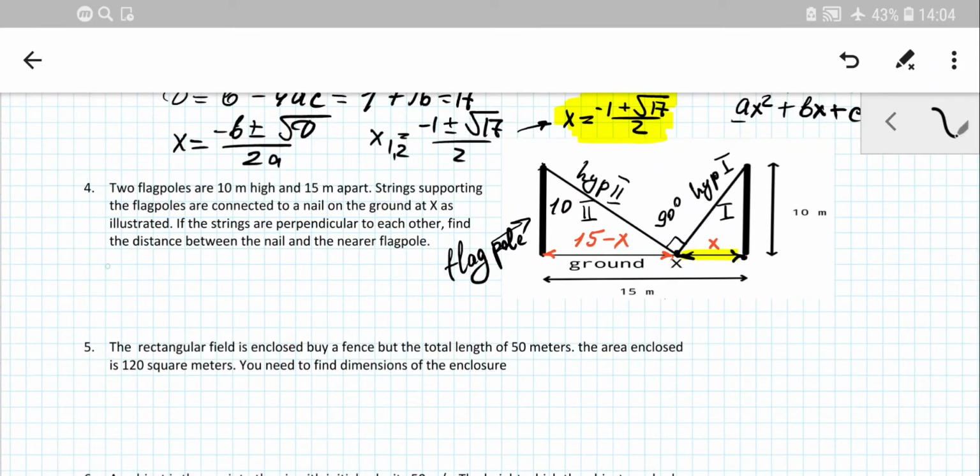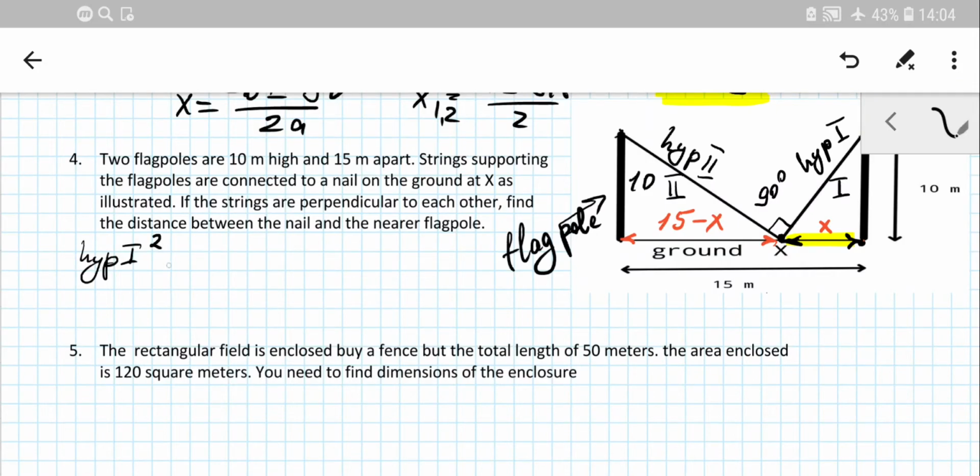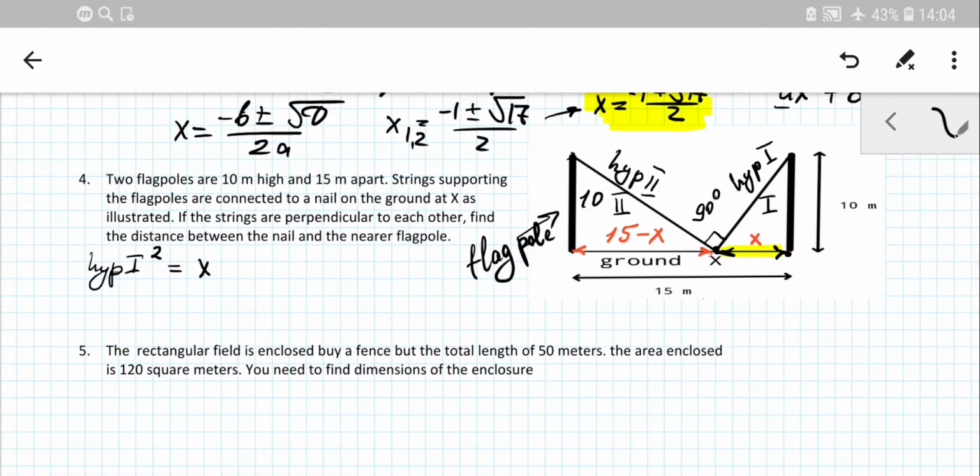First, hypotenuse 1 from the first small triangle. It's the square root of x squared plus 10 squared. I just use the square of hypotenuse 1, and that becomes x squared plus 10 squared. What about hypotenuse 2? Hypotenuse 2 squared is simply 10 squared again, plus 15 minus x, all squared, because this is that leg.